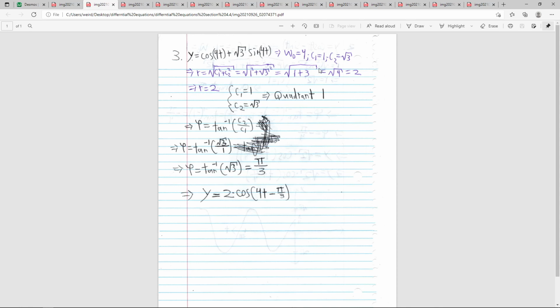R equals the square root of 4, which is 2, because square root of 3 squared is 3, so 1 plus 3. Psi equals inverse tangent of c2 over c1. Inverse tangent of square root of 3 is pi thirds. So y equals 2 times cosine of 4t minus pi thirds.